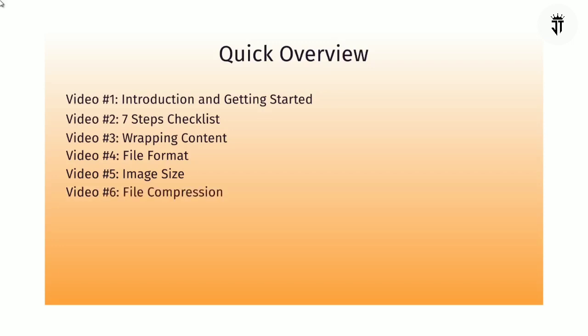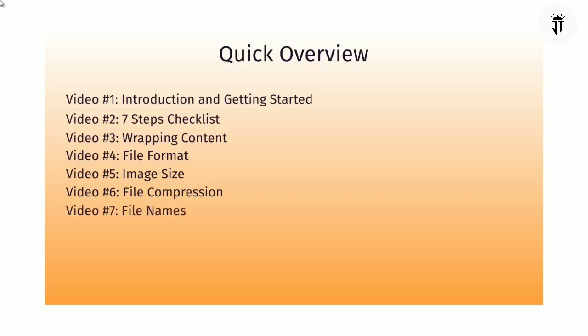Video number 6, we're going to talk about file compression, or in other words, how to compress your files from, let's say, 1 megabyte and decrease it by 50%, which is 500 kilobytes. The goal here is to decrease the size of the image without losing too much of the quality, so that it can load faster when your visitors visit your site.